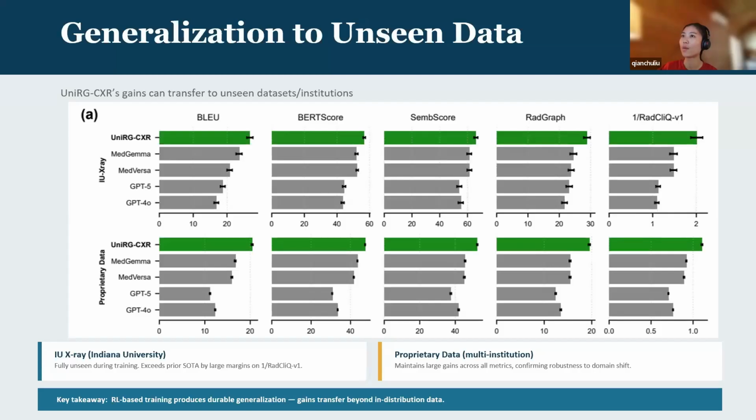Okay. Next, I want to talk about the generalization of UniRG-CXR. So far, we have run the evaluation on institutions or similar data sources that UniRG has been trained on.